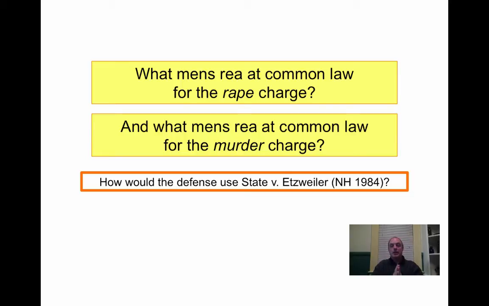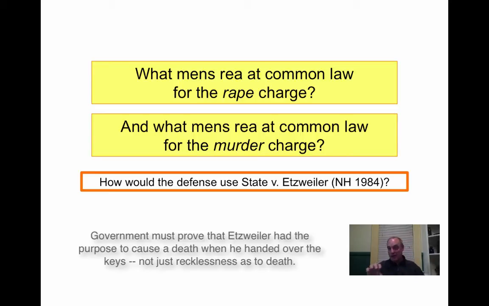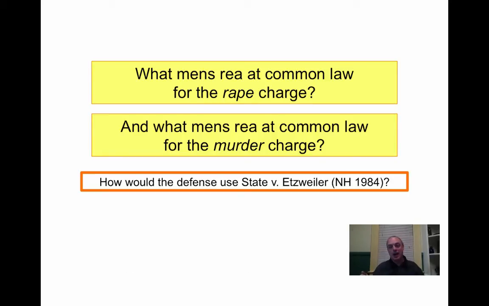The idea here is that you have to elevate the mens rea for the underlying crime here. It would be some form of reckless homicide, not intentional homicide. But you have to elevate that crime up to purposeful for the accomplice. And so under the Etzweiler outcome, the court says no reckless homicide on an accomplice theory here.